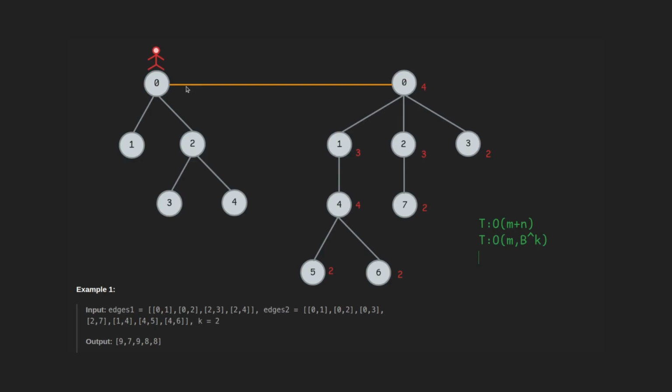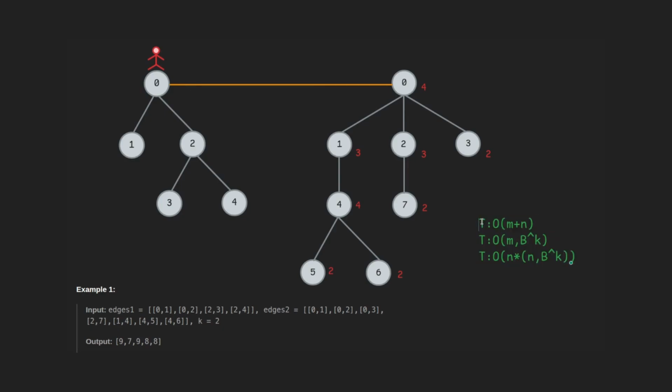And what will be the time complexity of the first graph? It will be order of n into max of n comma b to the power k, right?